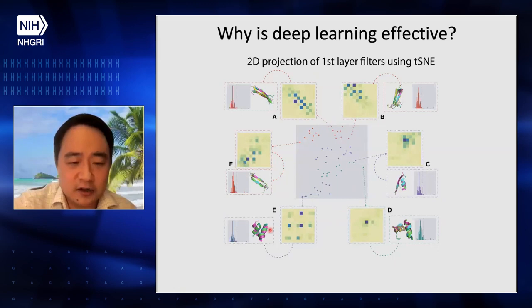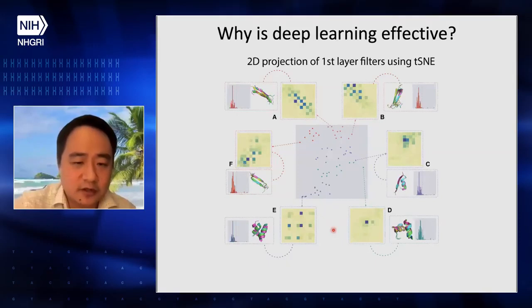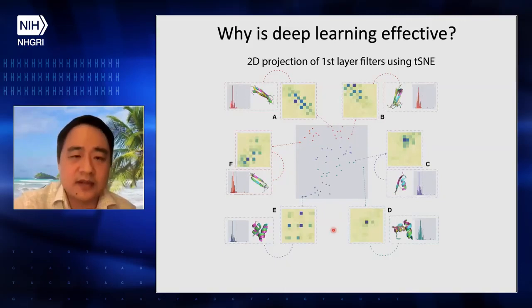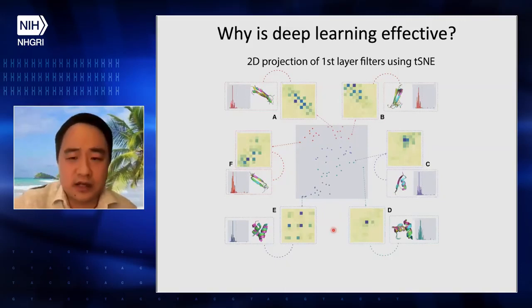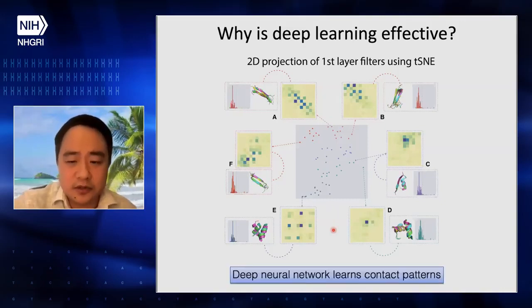And for helical interactions, we see spaced patterns, which correspond to the gap between them, and to the number of residues in each turn of the alpha helix. So this visualization shows that with the deep neural network, we actually learn something meaningful. And at a higher layer, these patterns are organized into more complex structural motifs for structure prediction.